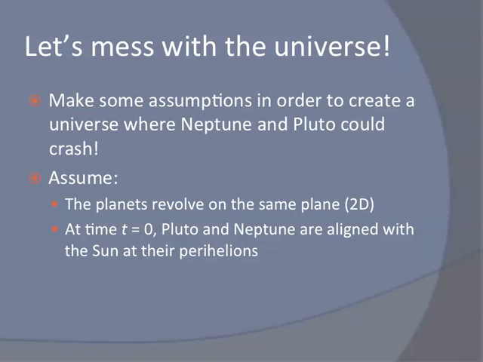And for the sake of what we're doing, we'll ignore the physical size of the planets. Obviously planets have a certain size, and that would affect them crashing, but we're going to think about each planet as just a point.